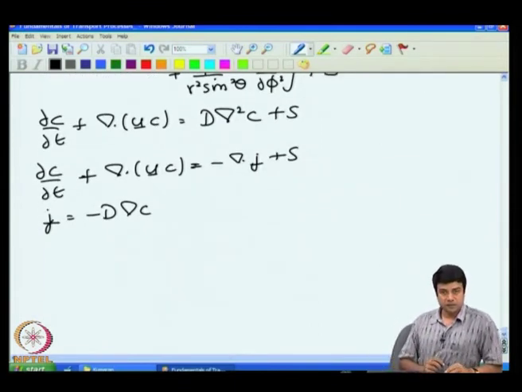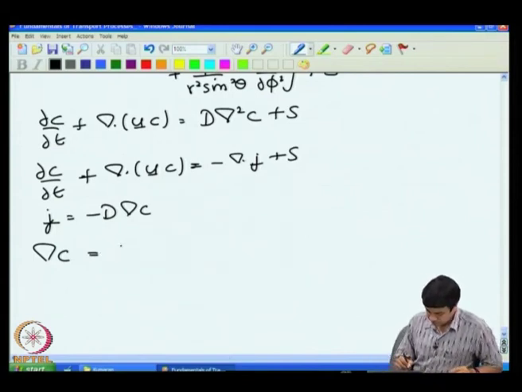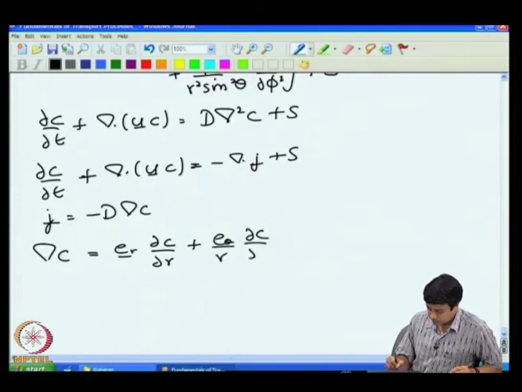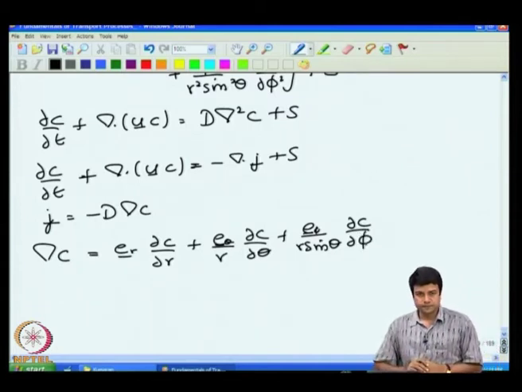Where the gradient operator is now defined as grad c is equal to ER times partial c by partial r plus E theta by r partial c by partial theta plus E phi by r sin theta partial c by partial phi. This is the gradient operator.